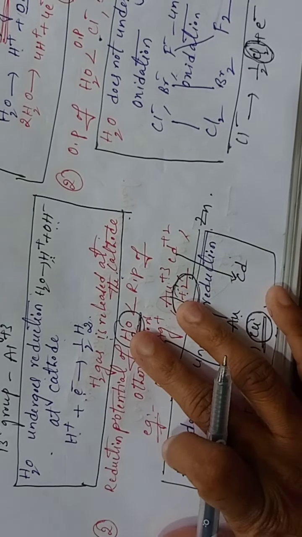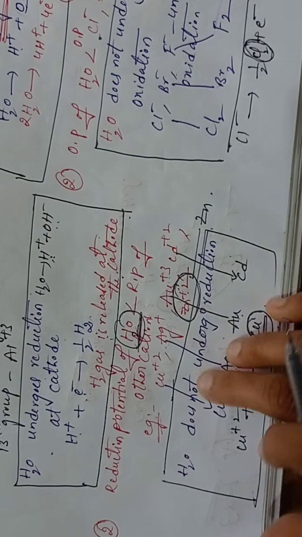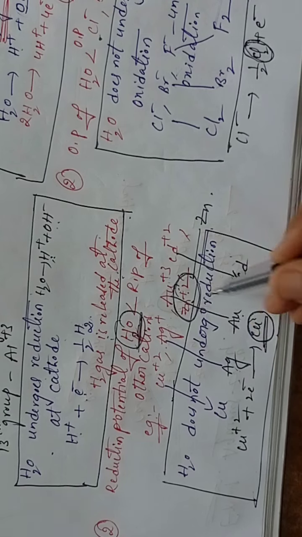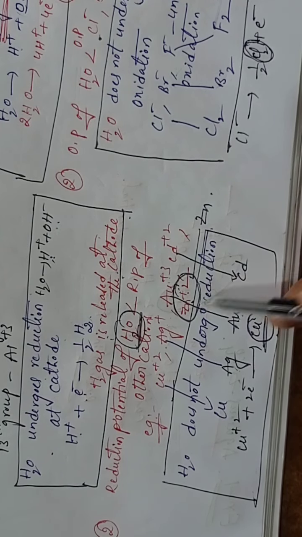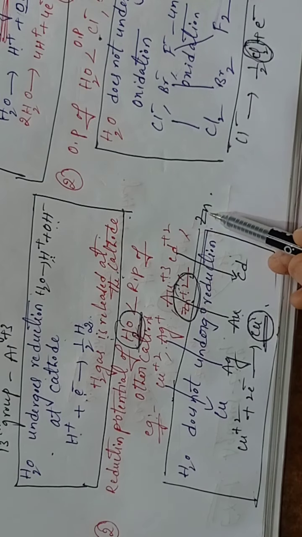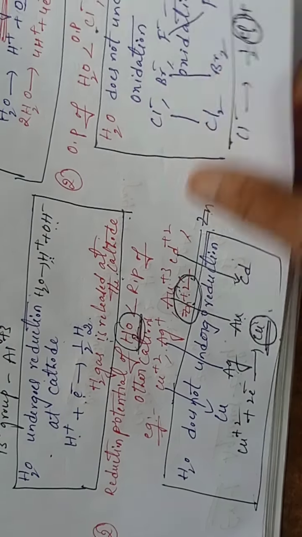Correct or not? So that's why water does not undergo reduction. Which is undergoing reduction? Zn plus 2 undergoes reduction. So Zn plus 2 produces zinc metal. That's why at the cathode, zinc is deposited. Are you following?